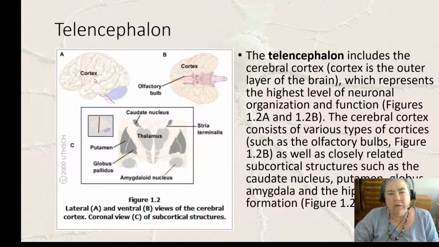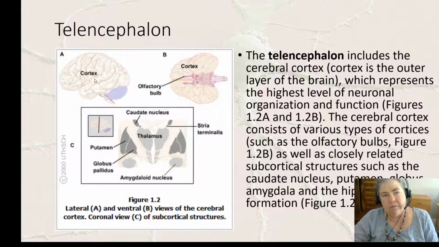So there are a whole bunch of different areas on the cortex that have different names, including things like the olfactory bulbs, which are gray matter nuclei, groups of cells that are involved in the sense of smell.